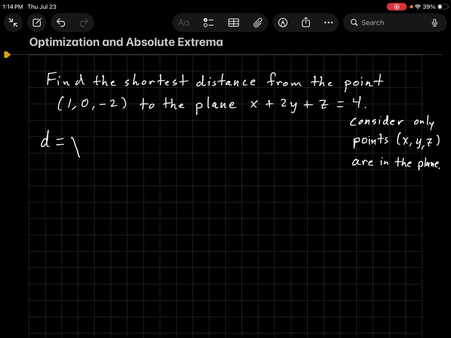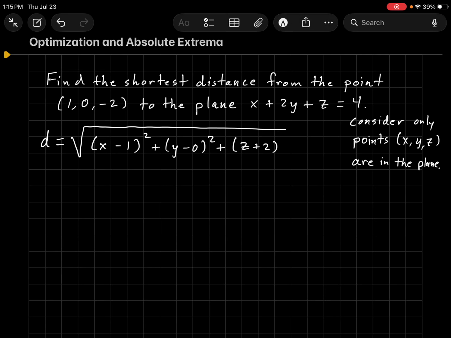So the distance from a point (x, y, z) to the point (1, 0, -2) is the square root of (x - 1) squared plus (y - 0) squared plus (z + 2) squared. Now I want to maximize, or in this case, since it's the shortest distance, minimize my equation d.